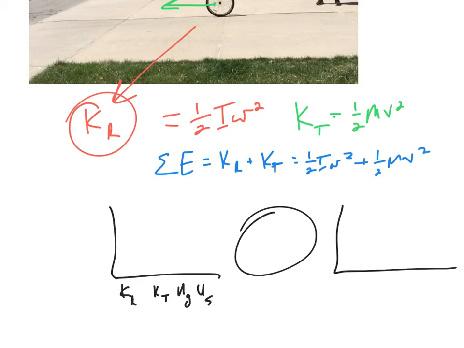So in this case, I would need to account for the fact that there is some of that and some of that. Now, if I go back, before I let it go, when I was just holding it in my hand, it was nothing but rotational kinetic energy. And none of these existed.